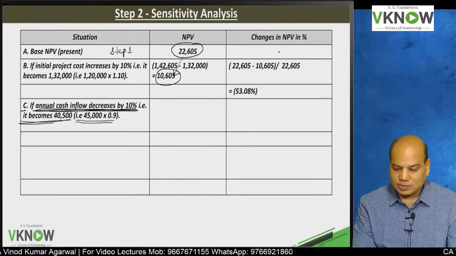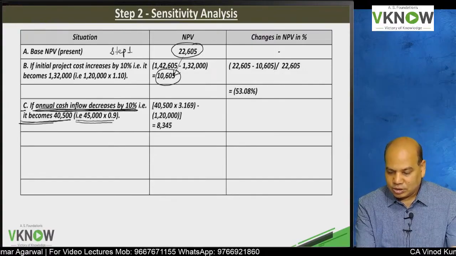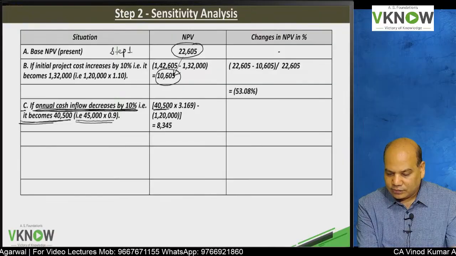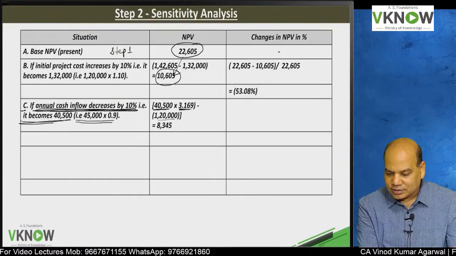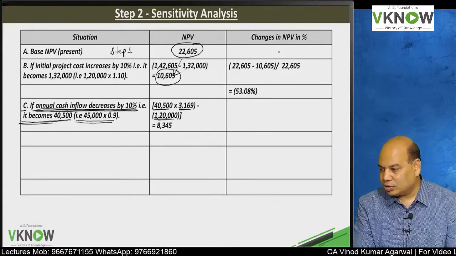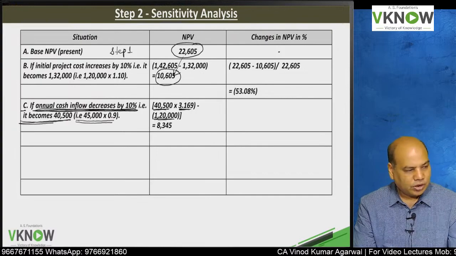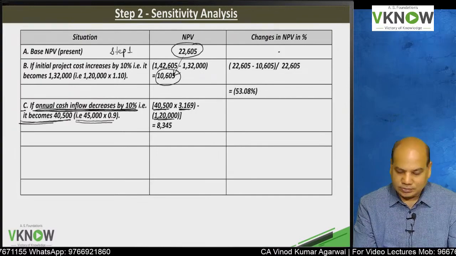The NPV will have to change. Now it will be 40,500 into factor minus initial project cost, original one. Only one variable will change at a time.